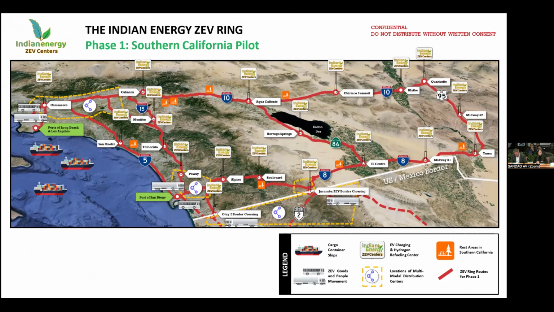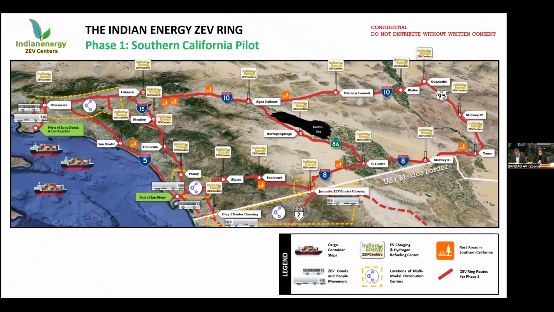These are also alternative fuel highways, and the focus here in the ZEV ring is to get the transport from the ports of Los Angeles and Long Beach, as well as the port of San Diego and the distribution centers and manufacturing facilities in Mexico, onto the ZEV ring, out to the multimodal distribution centers, out for deliveries and back, and having the charging available throughout this route, both charging and hydrogen refueling, to be able to meet the needs of those delivery requirements.